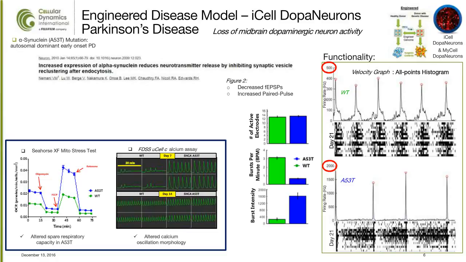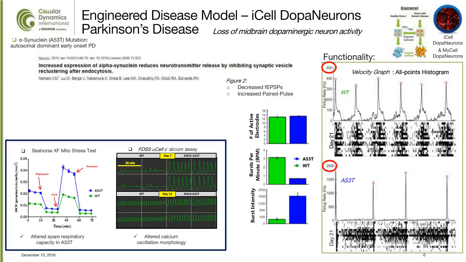In figure 2, it describes decreased field EPSPs, which matches the idea of our decreased bursting rate. But interestingly enough, it also has increased paired pulse facilitation, which suggests that during activity, you can actually induce more action potentials at once. This is also recapitulated in our functional MEA assay with the alpha-synuclein A53T dopamine neurons.